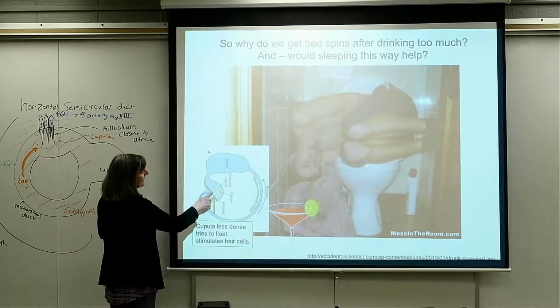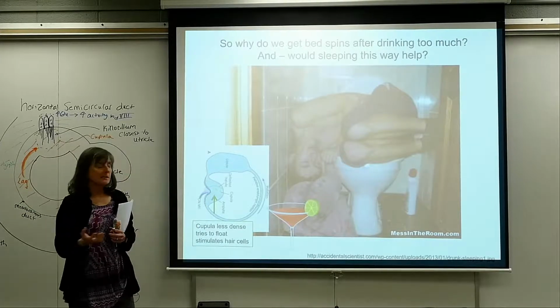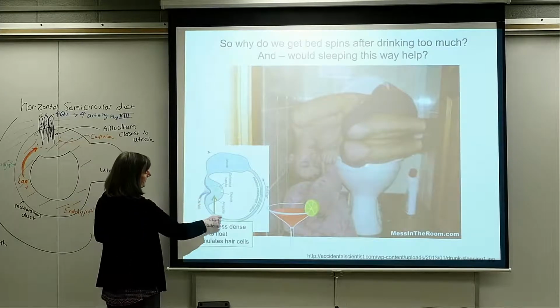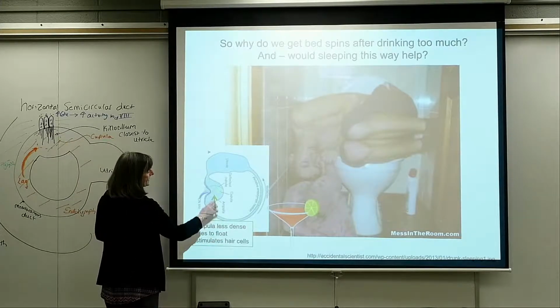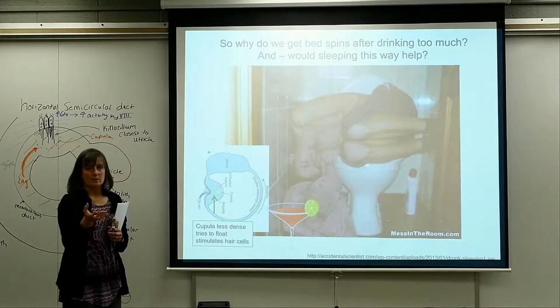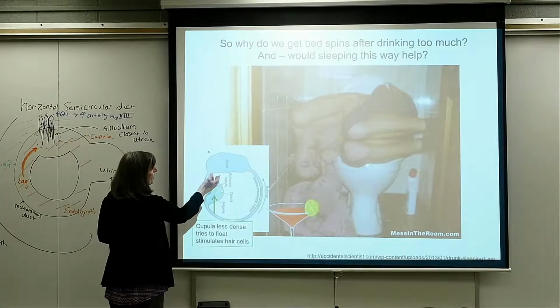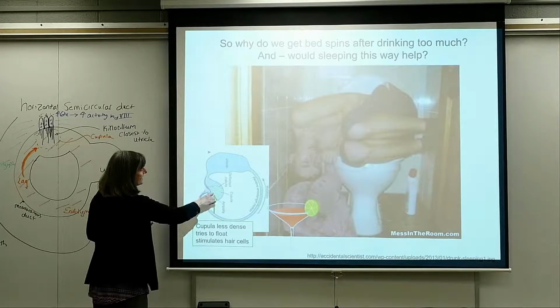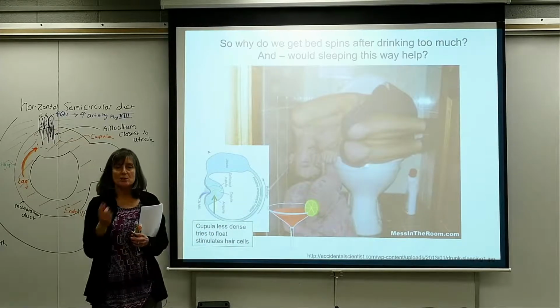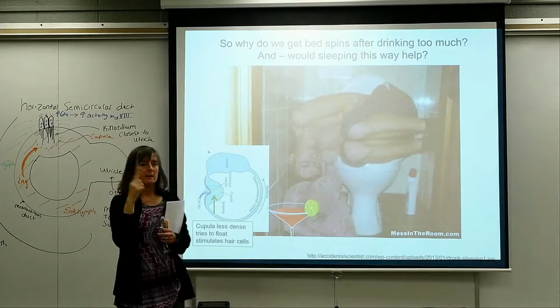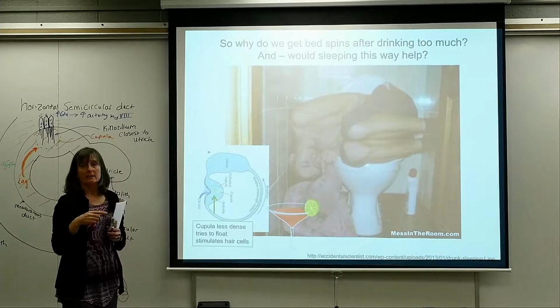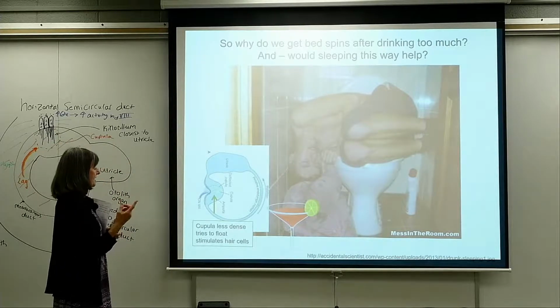And it makes the cupula less dense than the surrounding endolymph. And because it's less dense, it tries to float. So when you move, that cupula is trying to float relative to the other movement, stimulates that hair bundle, and makes you feel like you're moving in a circle or accelerating in angular acceleration.